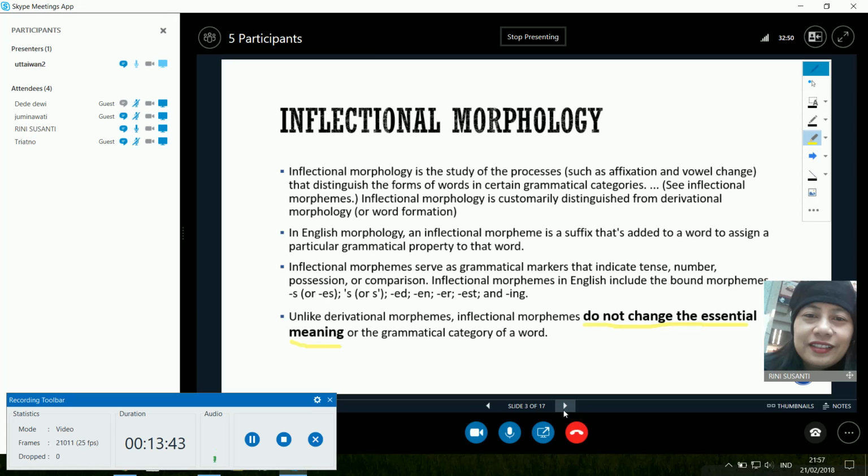Mungkin kalau hanya PPT saja tanpa penjelasan, mungkin kurang jelas.